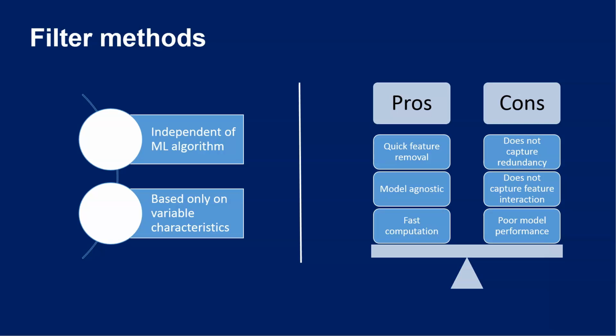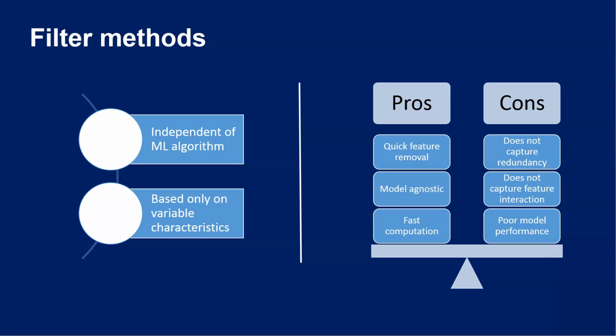Why are these methods good? Well, they often provide a quick first step to remove a big chunk of your features, particularly if you're using big datasets with lots of variables. These methods, filter methods, are model agnostic, so the selected features should be suitable for any algorithm you want to build. And they are, of course, fast for computation.